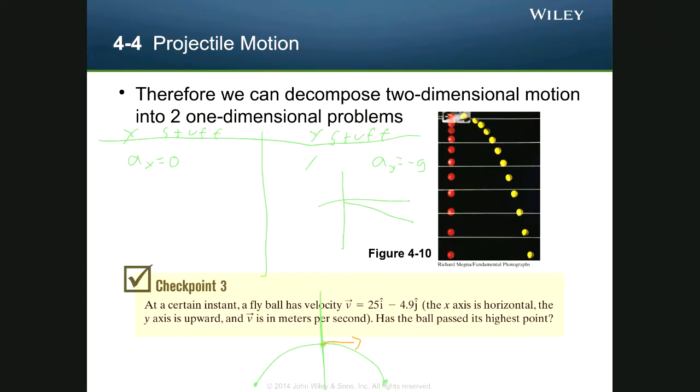And you'll notice that that tangent vector is horizontal. So if you're at the top, what should be the value of your j component at that instant for the velocity? 0. Good.